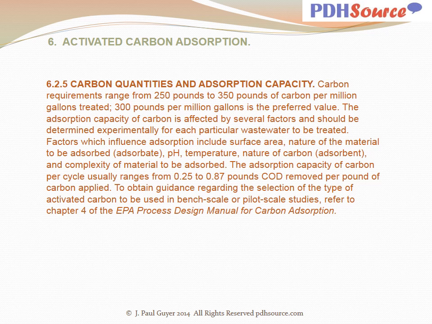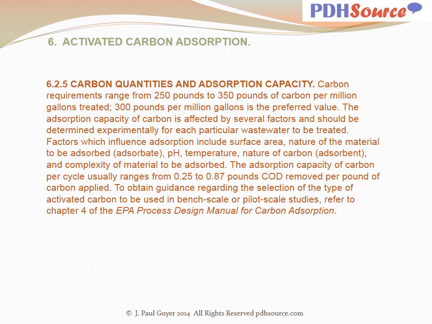Factors which influence adsorption include surface area, nature of the material to be adsorbed, the adsorbate, pH, temperature, the nature of the carbon, the adsorbent, and complexity of material to be adsorbed. The adsorption capacity of carbon per cycle usually ranges from 0.25 to 0.87 pounds of chemical oxygen demand contaminants removed per pound of carbon applied.